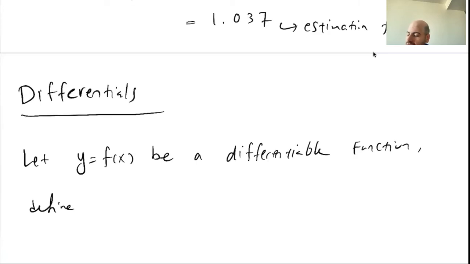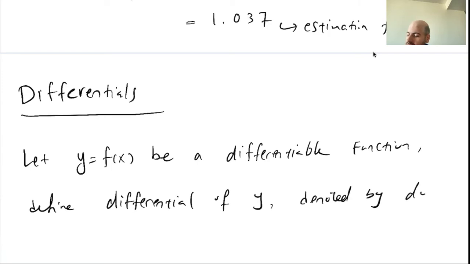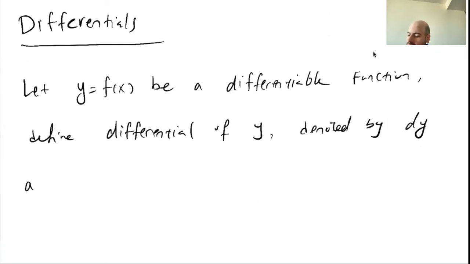Define a differential of y denoted by dy as follows. So dy, we want to define it as f prime of x times dx.